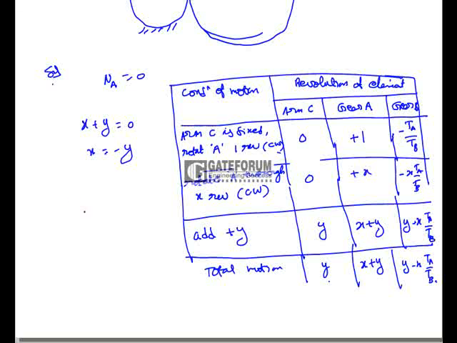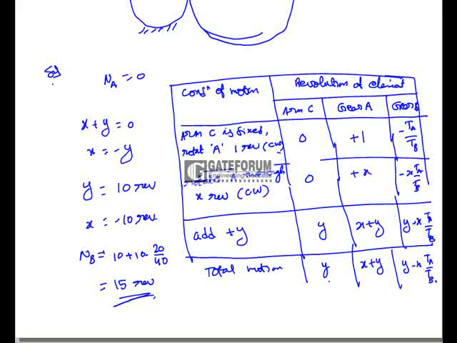So here arm C rotates with 10 revolutions, that means Y is equal to 10 revolutions, and here X is equal to minus 10 revolutions. So now gear B rotates Y minus X into TA by TB. Here Y is 10 and minus of minus 10 is plus 10, and here TA is 20 and TB is 40, which gives 15 revolutions. So here the gear wheel B rotates with 15 revolutions.